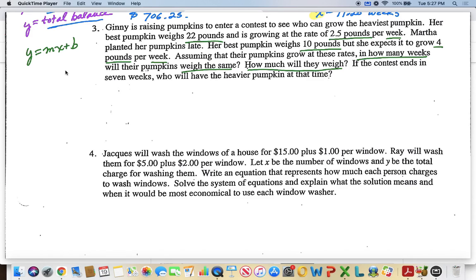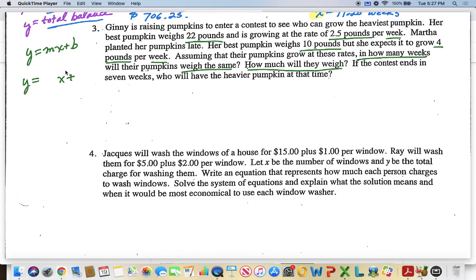All right, so let's first try to answer the question, in how many weeks will their pumpkins weigh the same? The first thing we'll need to do is find out what the equation is for both of them. So for Ginny, we can start out with y equals, and we will leave out the m. We'll put the x in plus, and we'll leave a space for the b.